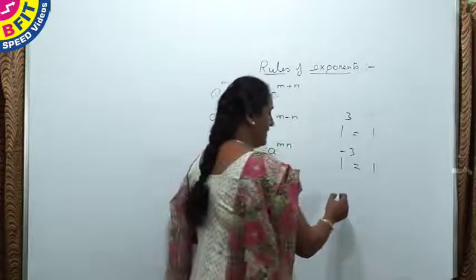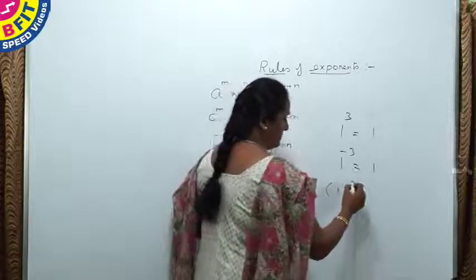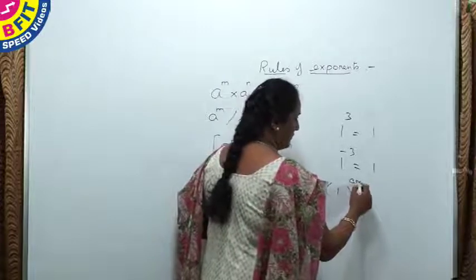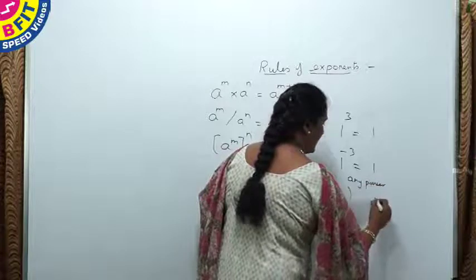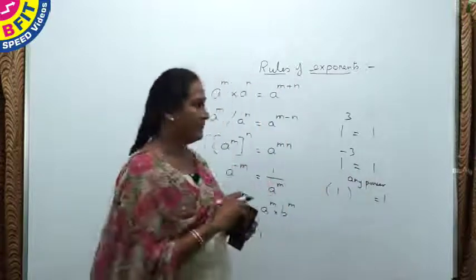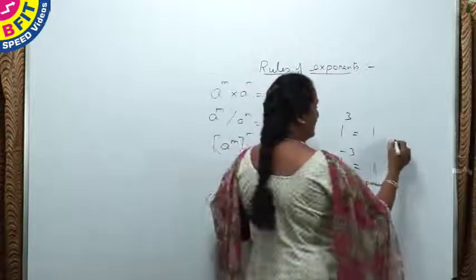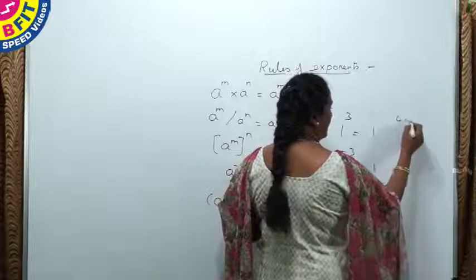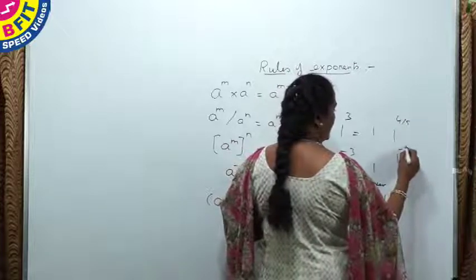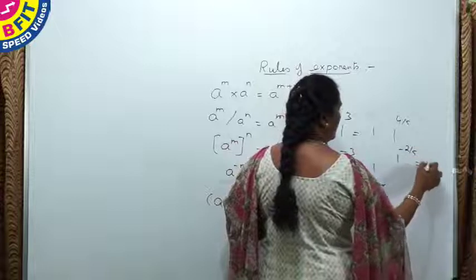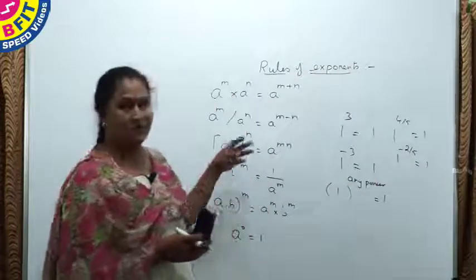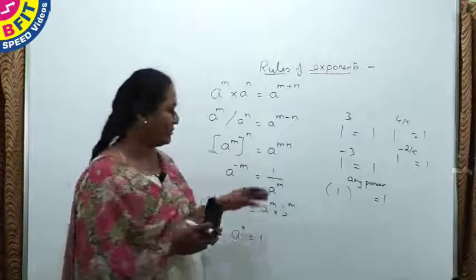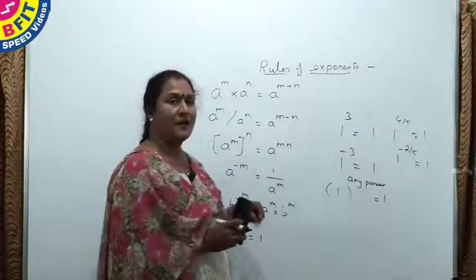For a base of 1 with any power, the value will be 1 always. Whether it is a fraction or a negative fraction, the value will always be 1. So based on these rules of exponents, understand the concepts and attend the questions.